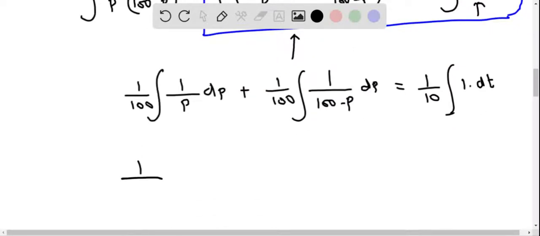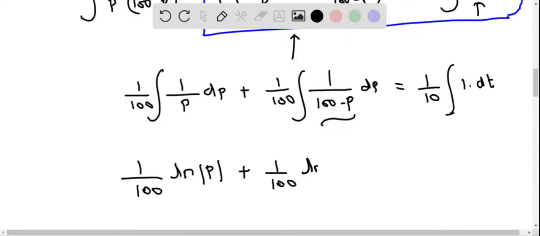So this will be 1 over 100. The integral of 1 over p is the natural logarithm of the absolute value of p. And then this is 1 over 100, the integral of 1 over 100 minus p. This will be the natural logarithm of 100 minus p, with absolute value. But since we have a negative p, we should divide by the derivative of negative p, which is negative 1.